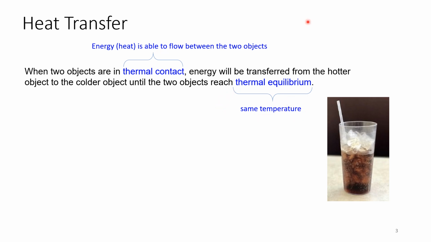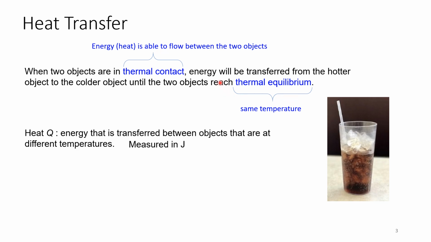Please note that there is no work done here by either object, yet there is a change in energy. The transfer of energy is caused by the temperature difference, and it stops when the two objects have the same temperature.